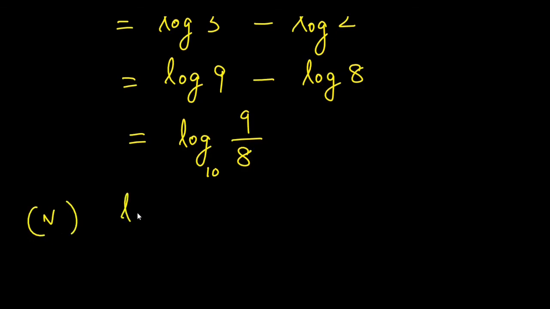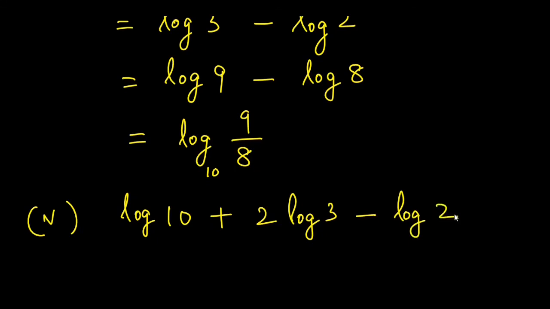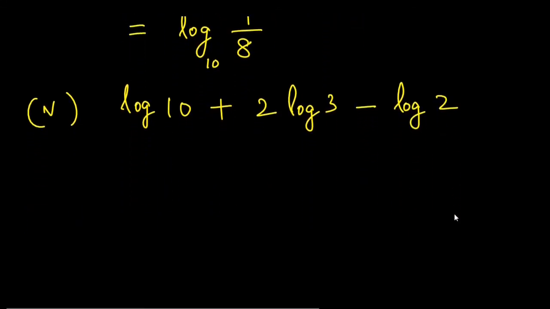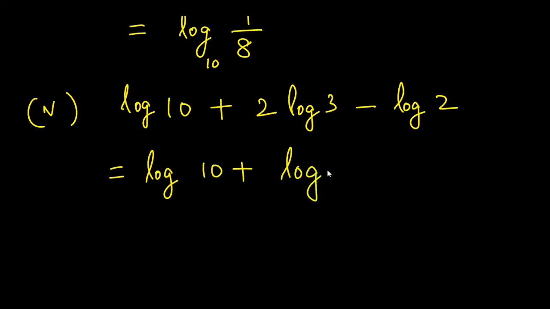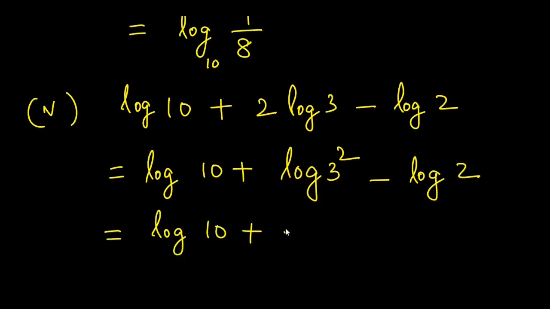Fifth one, log 10 plus 2 into log 3 minus log 2. This we can convert it as log 10 plus log of 3 square minus log 2. So log 10 plus log 9 minus log 2.